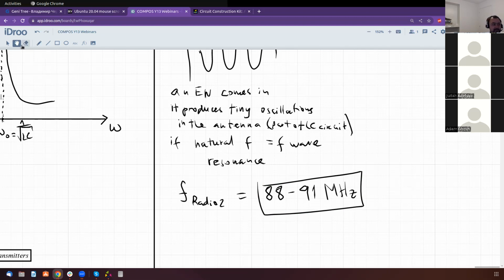Anyways, so let's say BBC Radio 2 is 88 megahertz. So for example, where you live, the frequency is 88 megahertz.